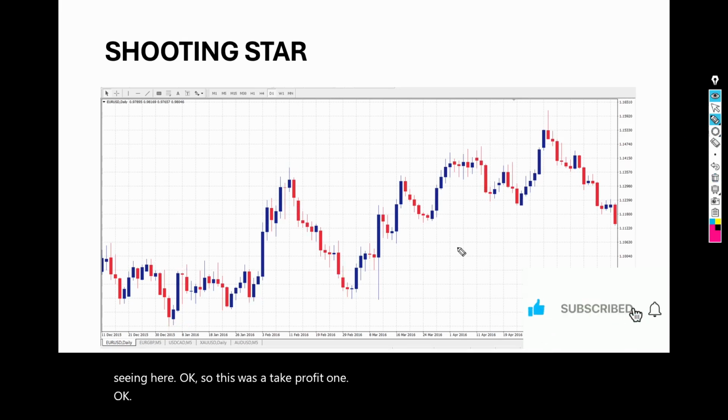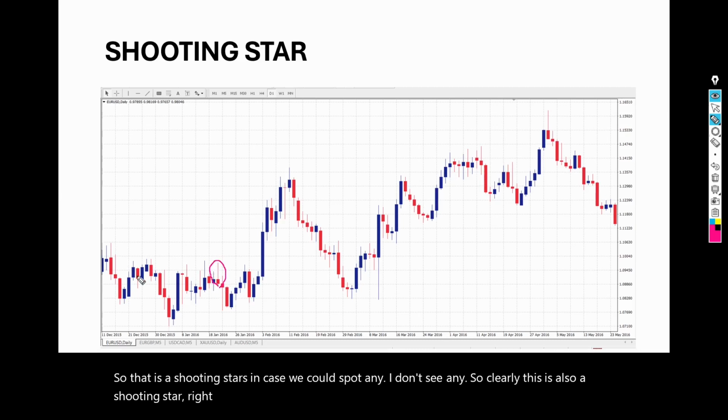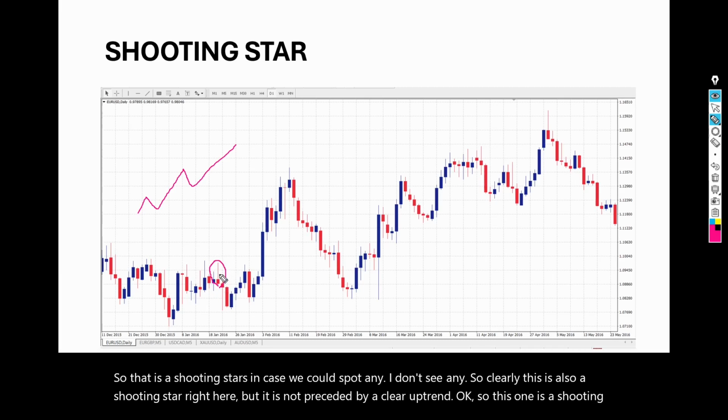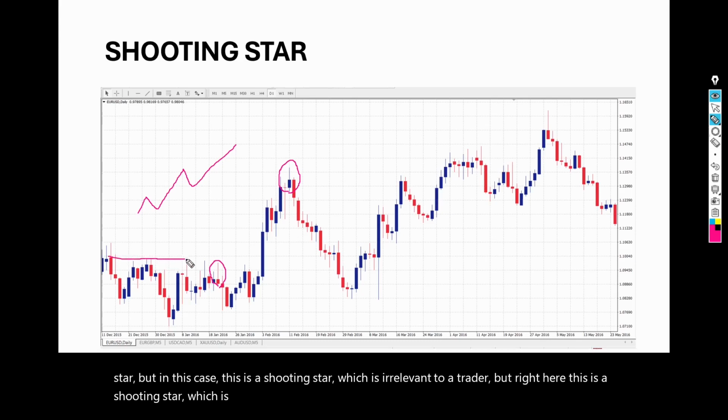So that is a shooting star. In case we could spot any, I don't see any. So clearly this is also a shooting star right here, but it is not preceded by a clear uptrend. Okay, so this one is a shooting star, but in this case this is a shooting star which is relevant to a trader. But right here, this is a shooting star which is relevant because it preceded a break from this consolidation right here.